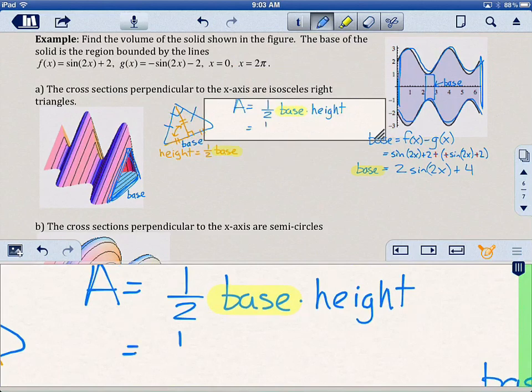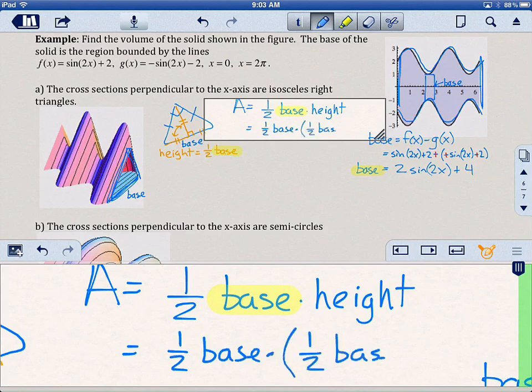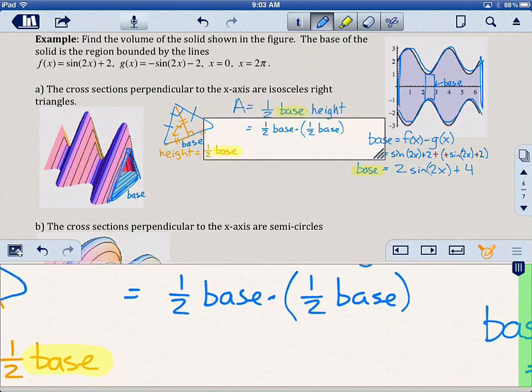So let's rewrite this. We have 1/2 times the base times the height, which is 1/2 base. So if you have 1/2 base times 1/2 base, you really have 1/2 base squared.